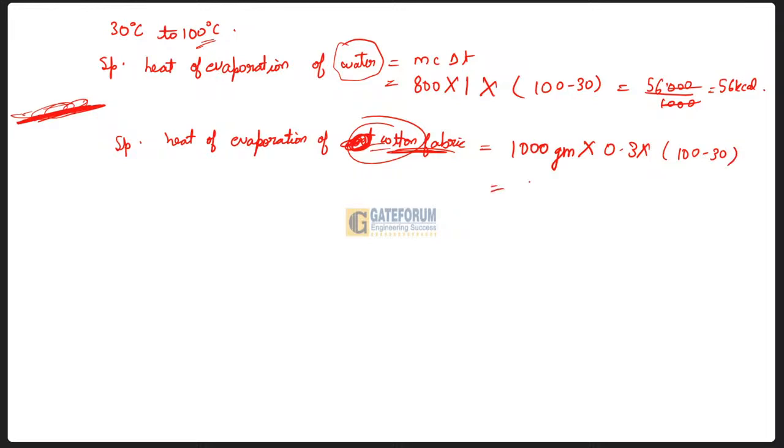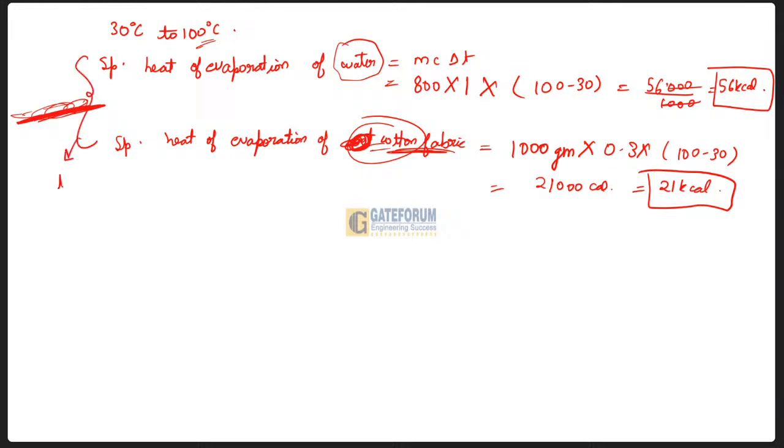If I consider all these statements, 70 times 0.3 is 21, so 21,000 calorie. It will come out to be 21 kilocalorie. Now this is about the temperature change only.